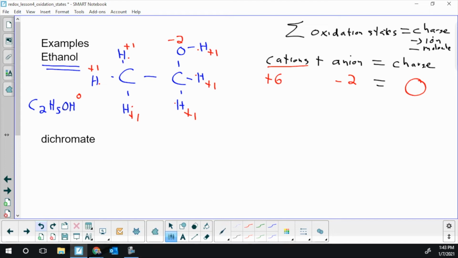And we've got to add something for the carbons to make this 0. So +6, -2, what do we need? We don't have enough negatives. We've got +6, we only have -2. How many more minuses do we need to get those charges to balance?